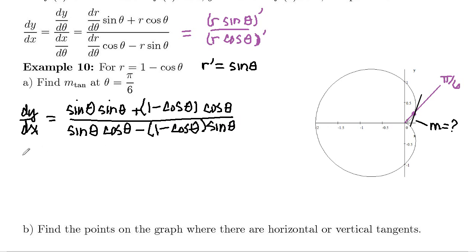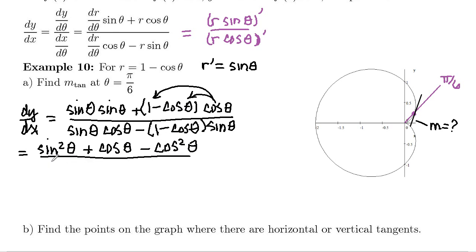All right, let's simplify this and see what we get. Sine times sine is sine squared theta. Then let's multiply our cosine in, so we get plus cosine theta and then minus cosine squared theta.